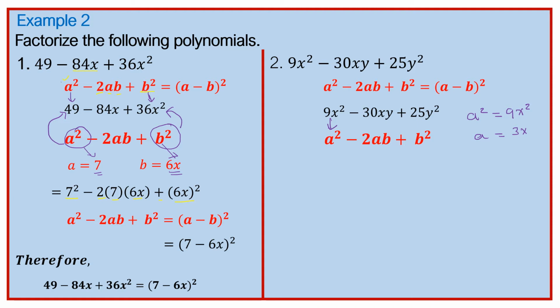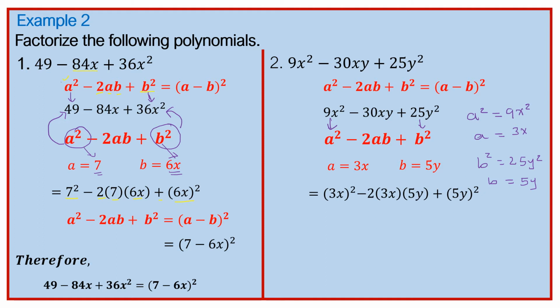So 9x squared means that a is 3x. Then we can see that 25y squared is for b squared. So if b squared is 25y squared, then b will be 5y, such that (5y) squared is 25y squared. So a is 3x and b is 5y.